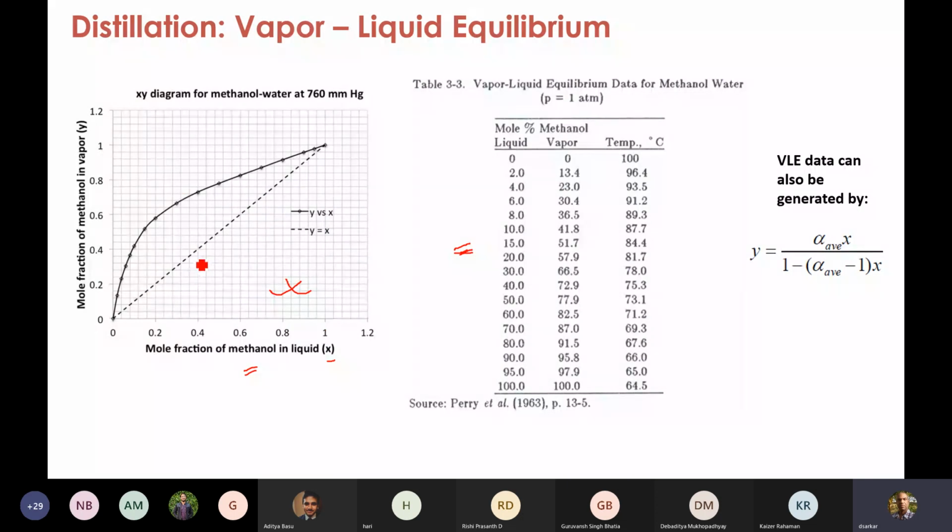We also put this XY line, which is a 45-degree diagonal. Every point on this line represents X equal to Y. But every point on the equilibrium curve means that this X and this Y are in equilibrium with each other, representing equilibrium vapor phase and liquid phase concentrations.